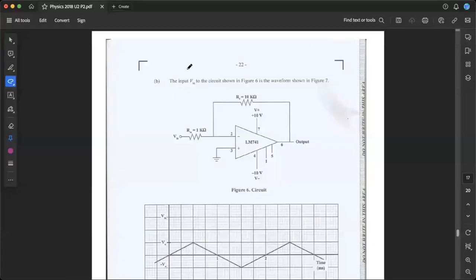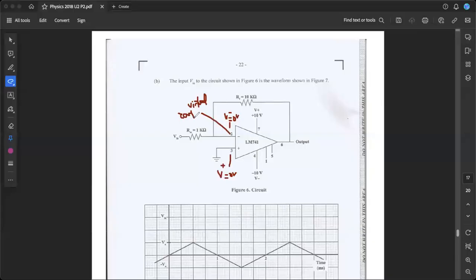And we call that virtual earth, right? So this one has a voltage of 0, and this one is going to also be 0 volts. So that point, pin 2, is what we call virtual earth, right?